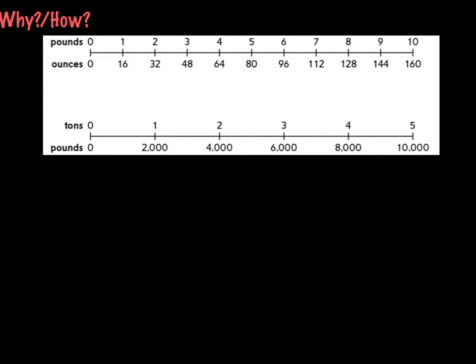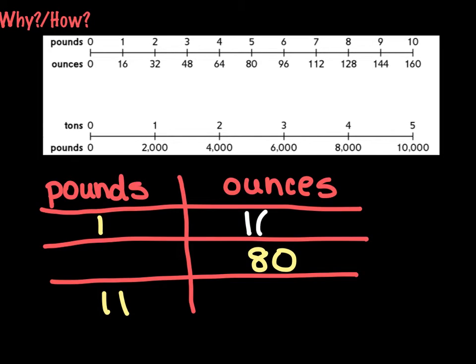So let's take a look at the first example. We have pounds here on the left and ounces on the right, which means I'm going to take a look at this measurement scale. And to start with, I'm going to give you an easy one. So if we have 1 pound, how many ounces is that? If I come up here to pounds, find 1, if I look below that, it tells me exactly how many ounces that would be, and that would be 16.